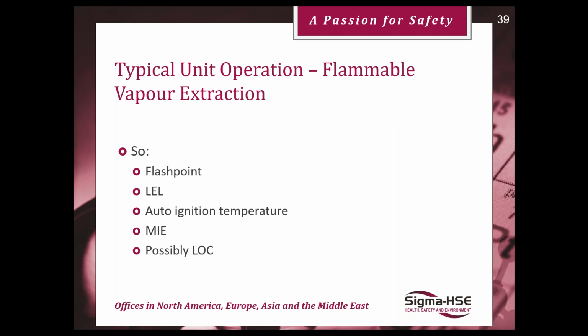Only then can we design appropriate unit operations to keep ourselves safe in preventing these fires or explosions, or have the confidence that if we did have an ignition event, we're not going to be harmed because we can deal with it. We can either contain it, vent it to a safe location, or put it out very rapidly. So that's all I wanted to say for today.